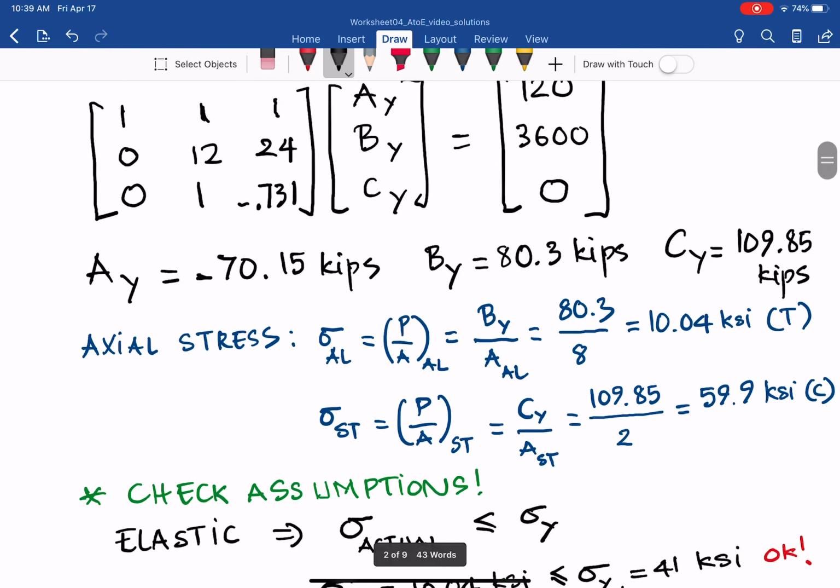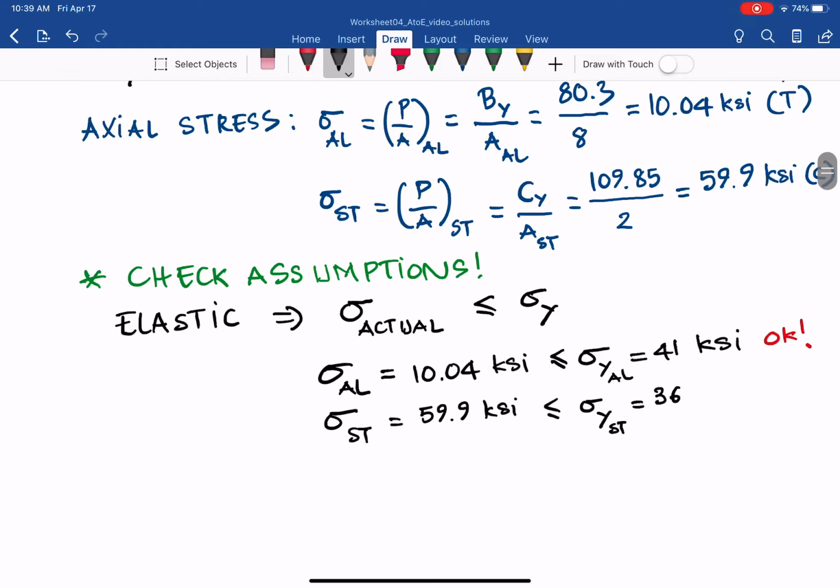So plug in here, it's 36 KSI. Is 59.9 less than 36? No, so that is not okay. So it means our assumption that the rod is in the elastic region is not correct.